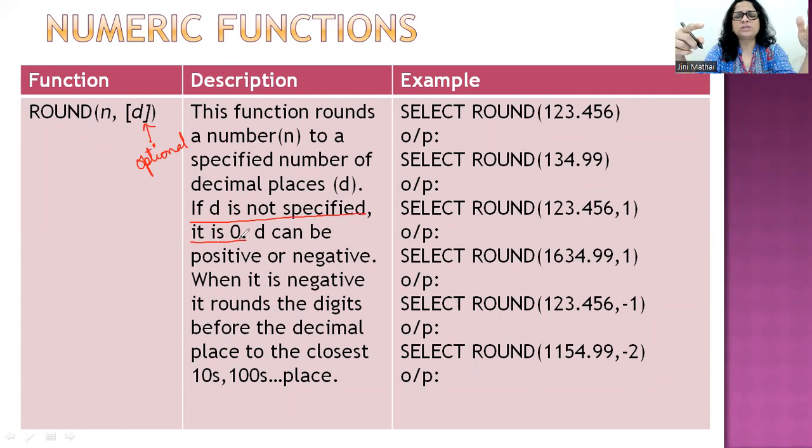In your lower classes, you must have learned that when you say round 35.9, you call it 40, right? So the concept is round to the closest number. It could be ahead or it could be behind, depending upon where your number is located. For example, if your value was 39.1, and I tell you to round, you won't take it to 40, right? You will take it to 39.